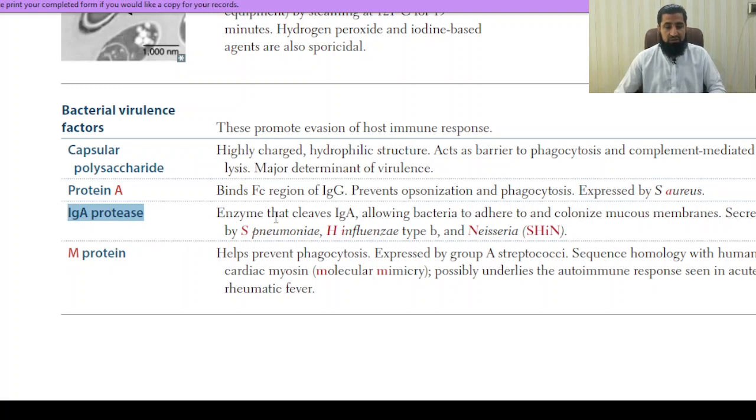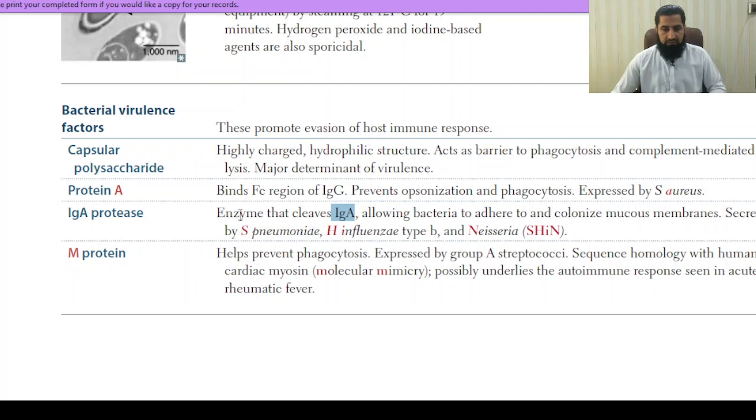IgA protease is an enzyme that cleaves immunoglobulin A. Immunoglobulin A is present in your secretions, like your saliva, your tears, your mucosa, your GI tract.